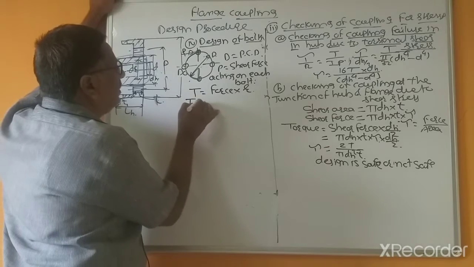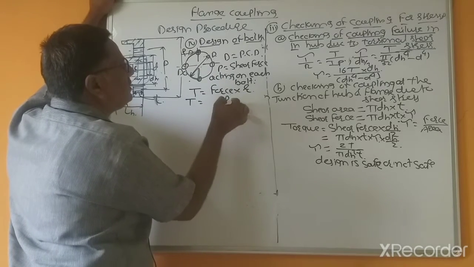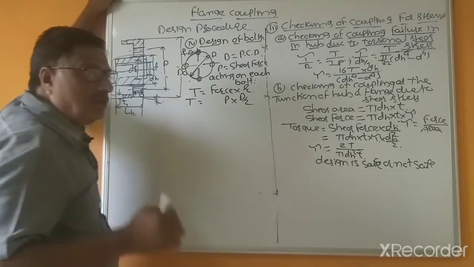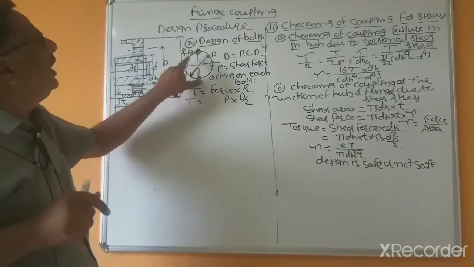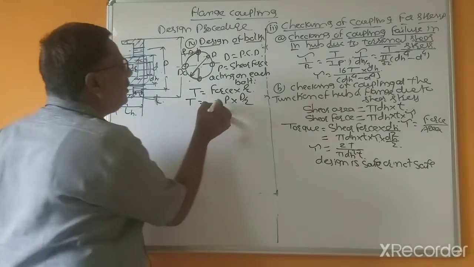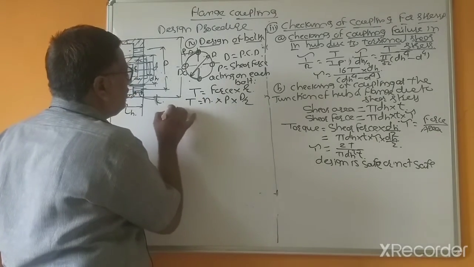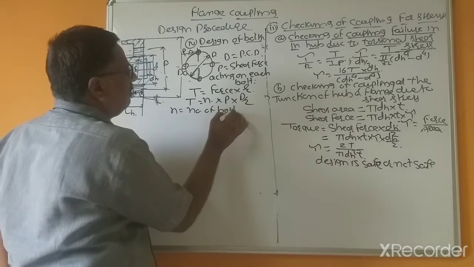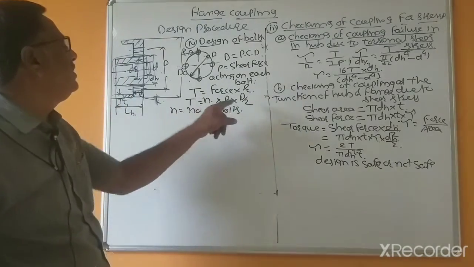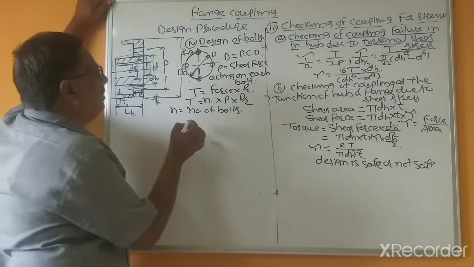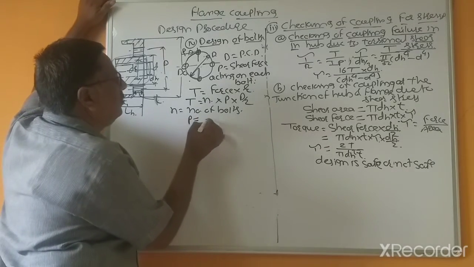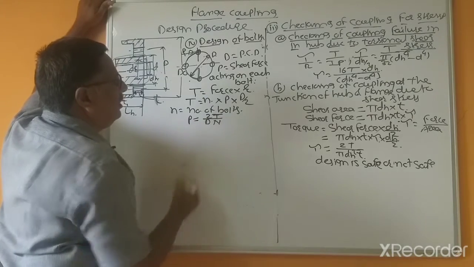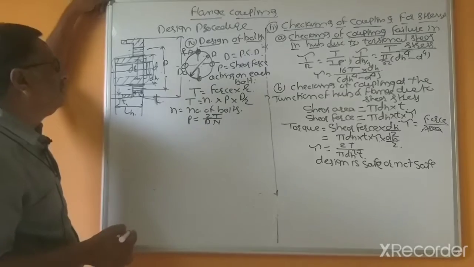So force equal to P, and the radius equal to capital D divided by 2, and N is the number of bolts. So this equation becomes P equal to 2T divided by D N, right?